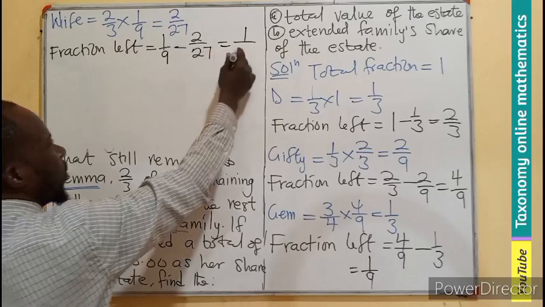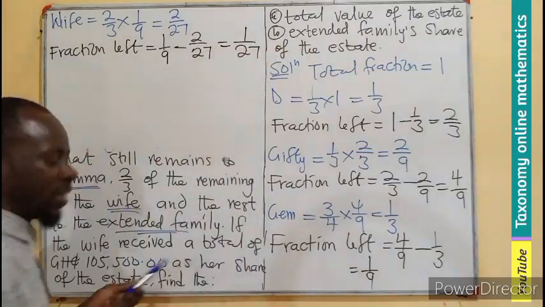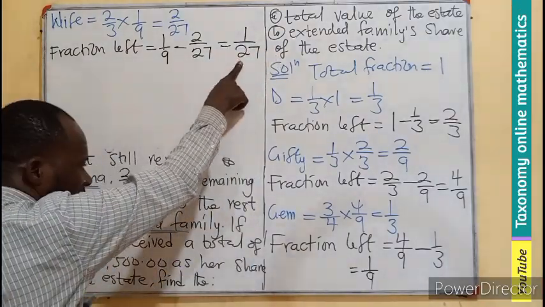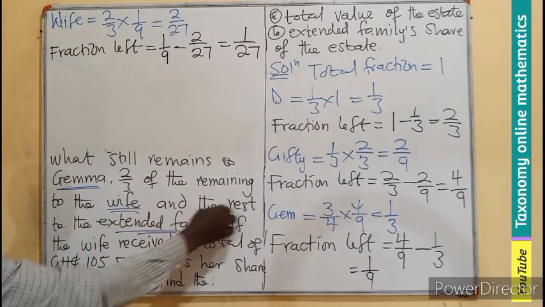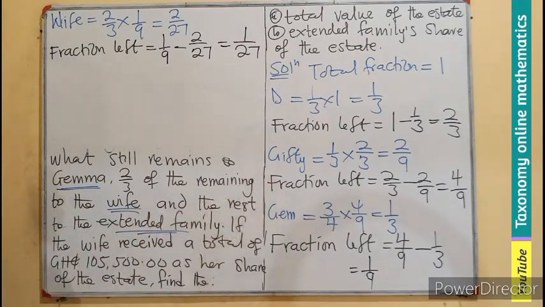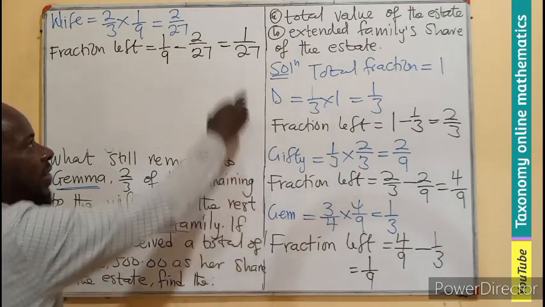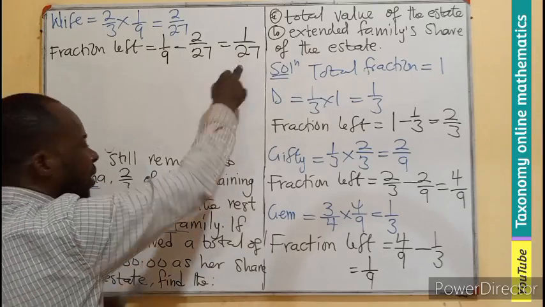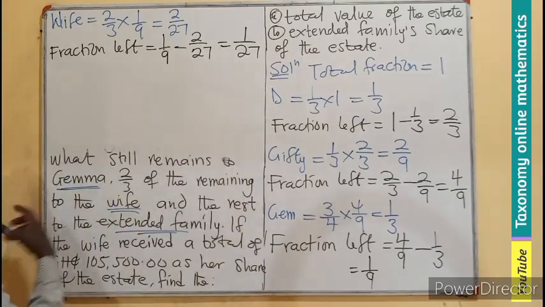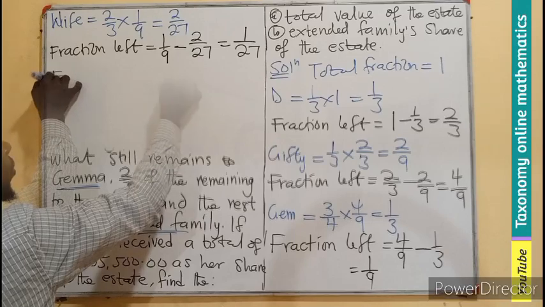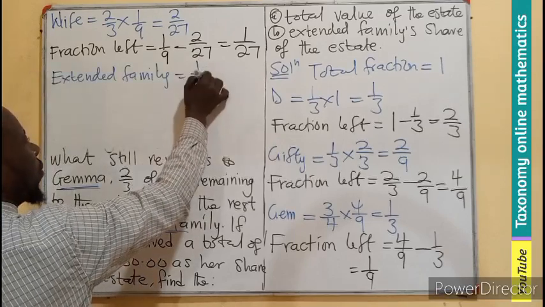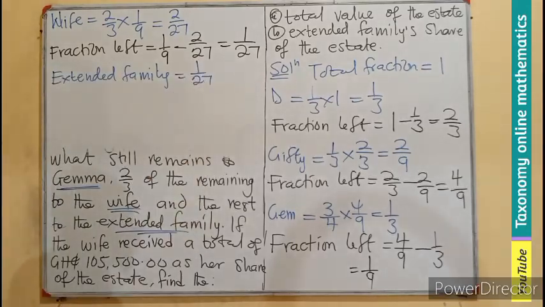The LCM will still be 27. So this is left, and the rest has been given to the extended family. So the extended family will be receiving 1 out of 27.